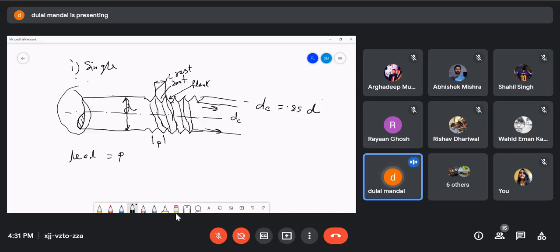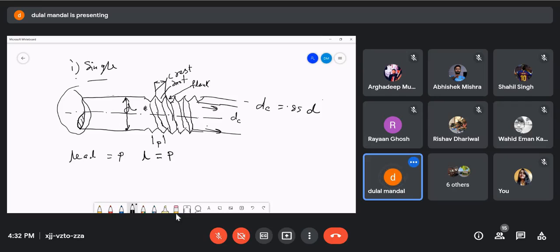If it is single thread, the lead will be equal to the pitch. So L is the advancement of the nut for one complete revolution. If it is double start, then lead will be equal to 2p.